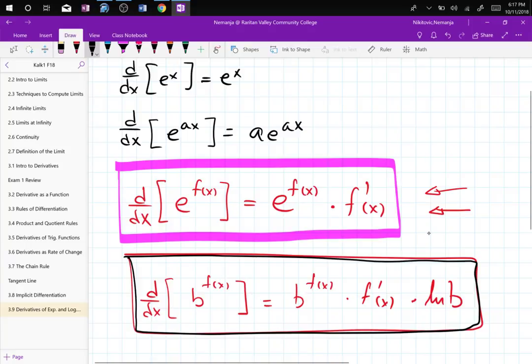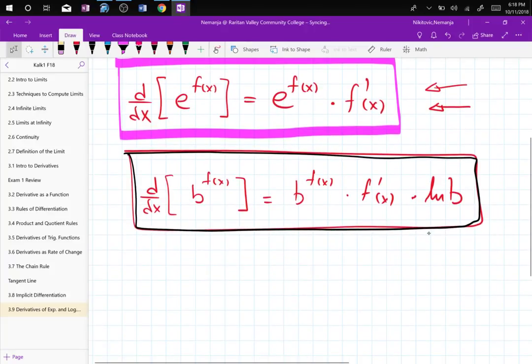Okay? So 95% or more of the derivatives are going to be in the pink box, and then the other whatever percent remains would be either the black box or some of the basics on top. So we are focusing on the one in the pink box, because that's the one that's most used.